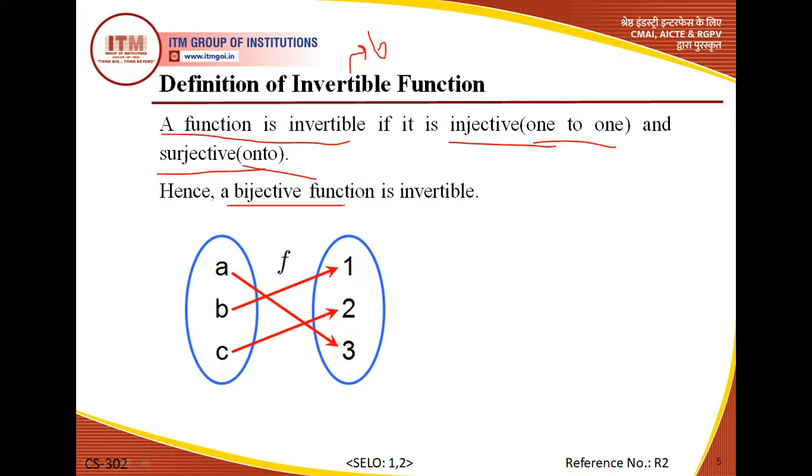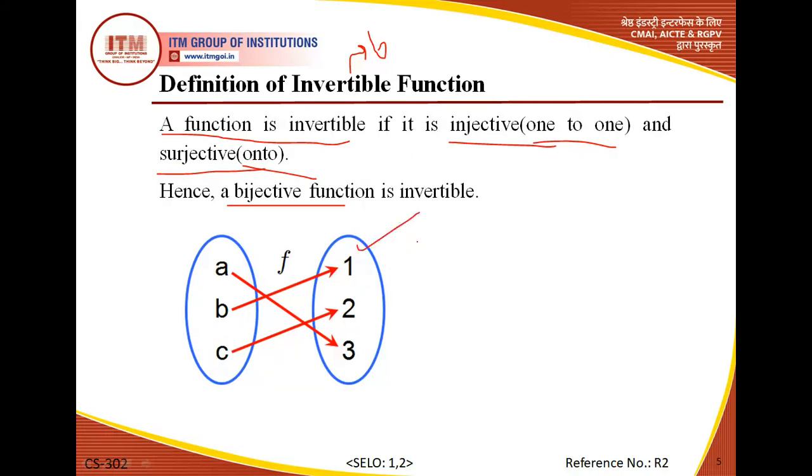Hence, two processes are being fulfilled over here. So another name for an invertible function is a bijective function.